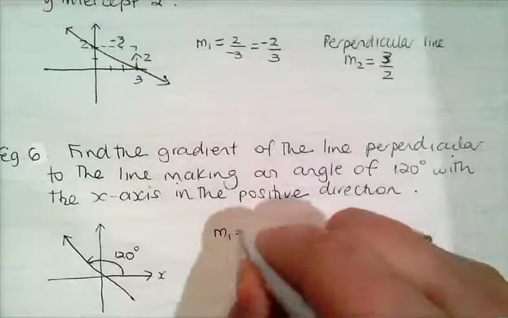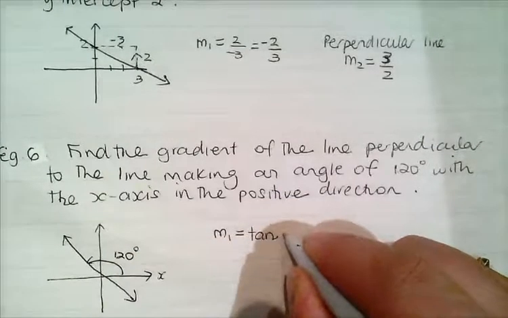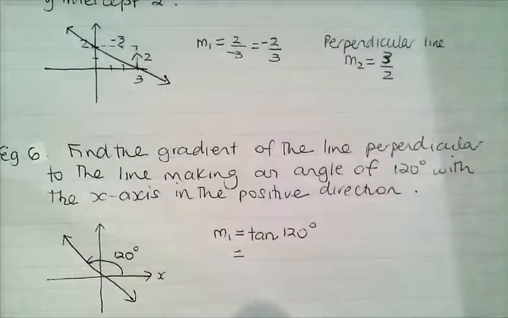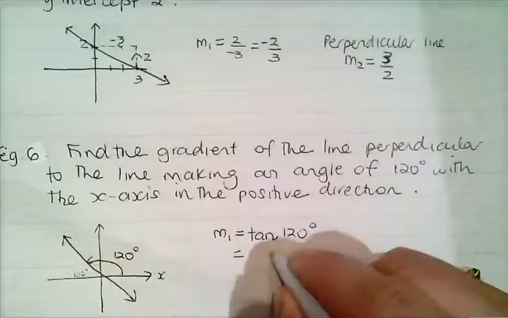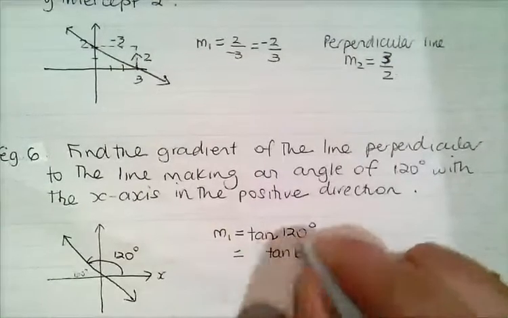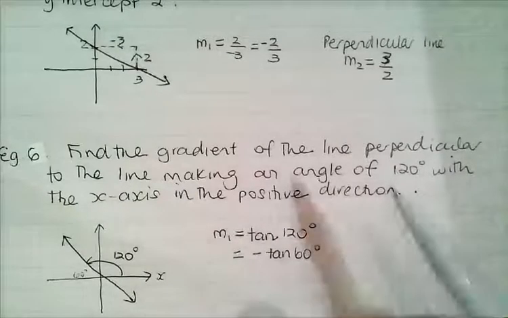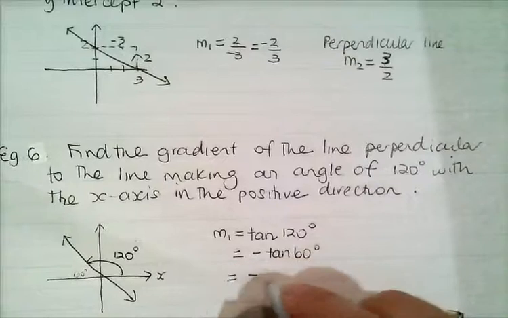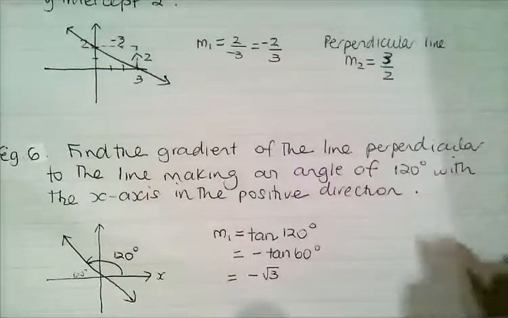So the gradient of this line, I'll call it line 1, is tan theta, or tan 120. Now I need to write that as an acute angle, so the related angle here is 60, so it's tan 60, but because this is a quadrant 2 angle, it's negative tan 60 because of All Stations to Central. Tan 120 is the same as negative tan 60, which happens to be -√3 as an exact value. So in other words, the gradient of this line here is -√3.